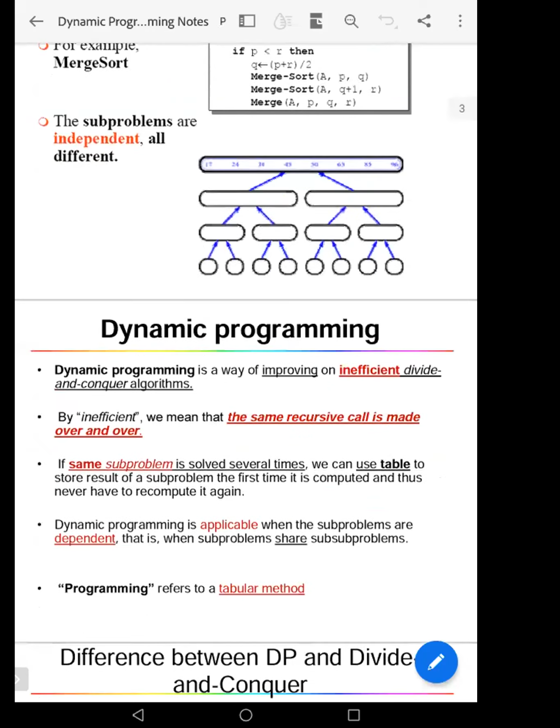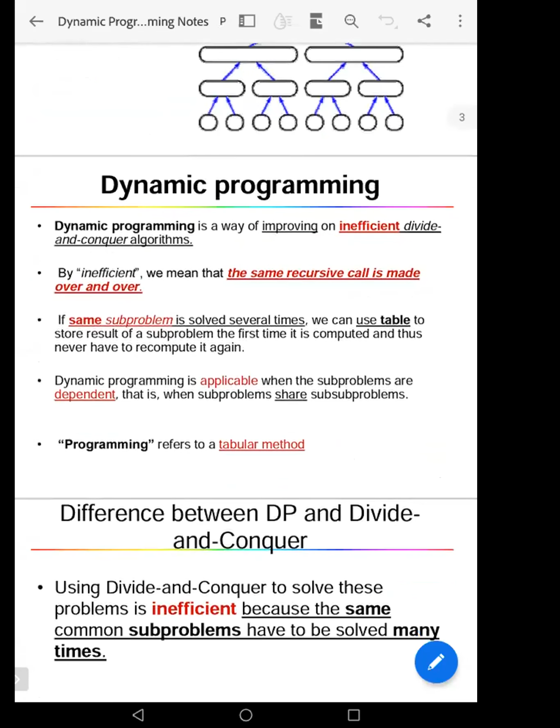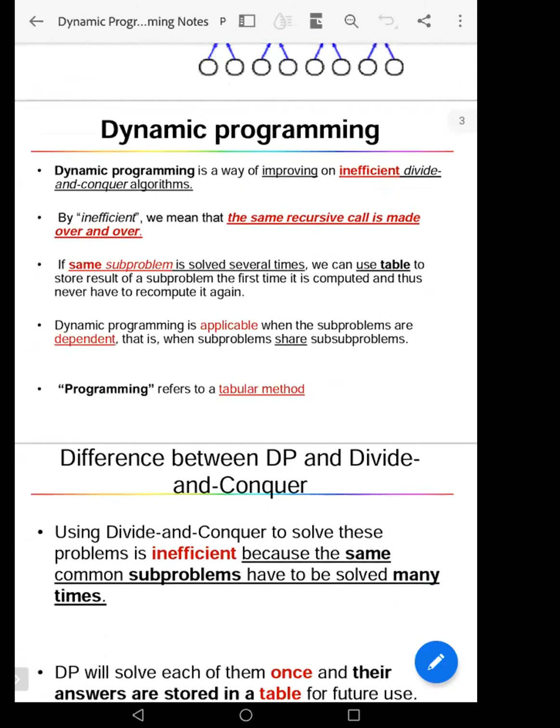But dynamic programming is a way of improving the inefficient divide and conquer. Where divide and conquer is not efficient, we normally prefer dynamic programming. By inefficient, we mean that the same recursive call is made over and over.